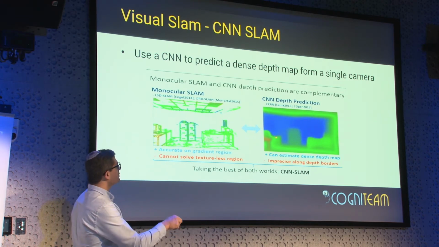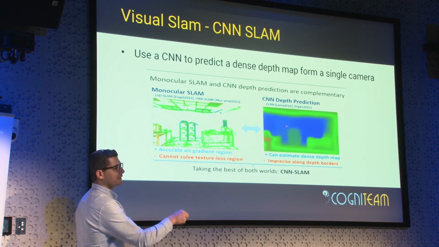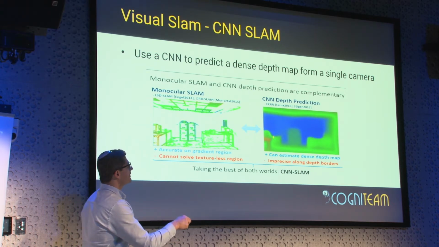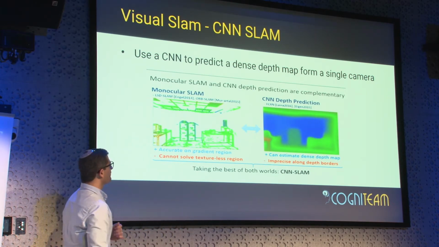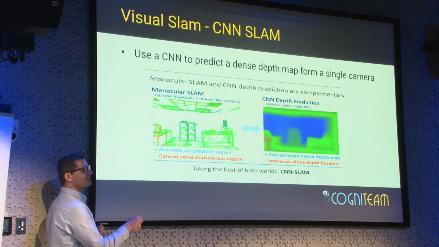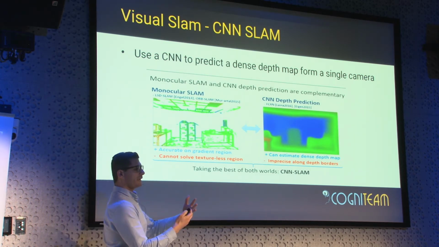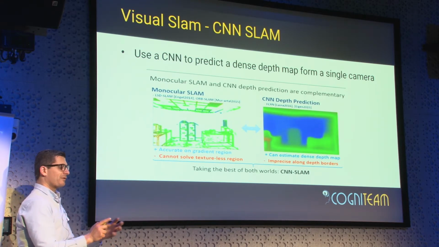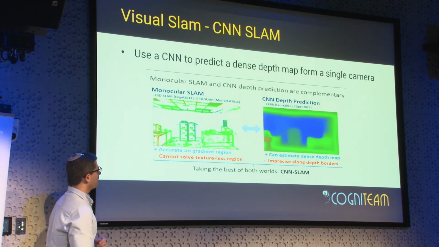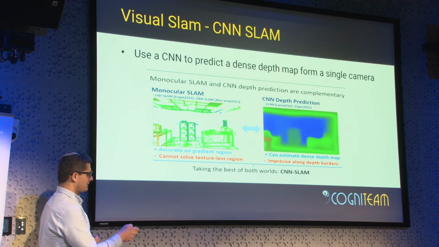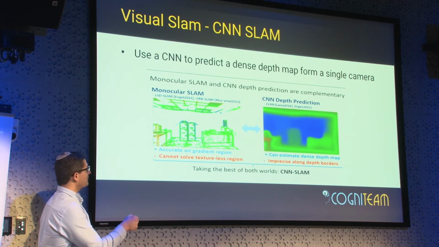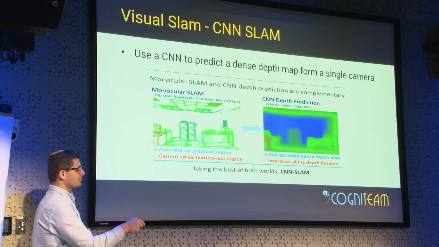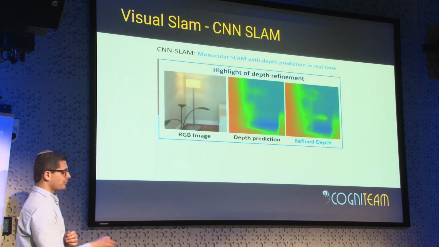The colors represent different depths. And this is the same picture using LSD-SLAM. LSD does the correlation between edges and finds very good edges. The problem here is that it doesn't find edges, but here it finds edges, and here there is also a distance using the convolutional neural network.